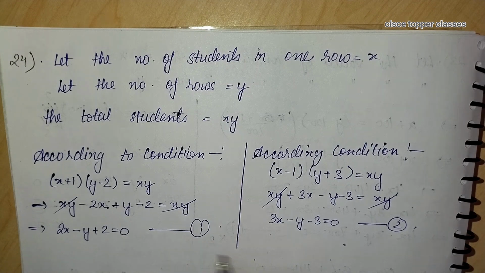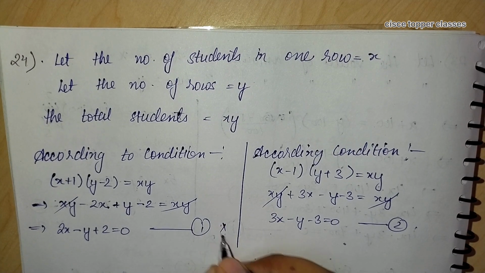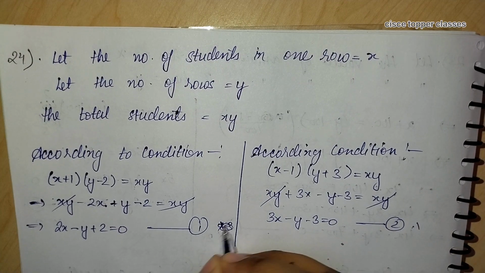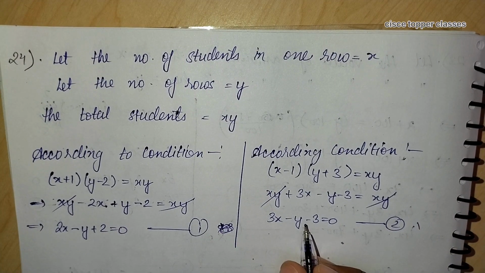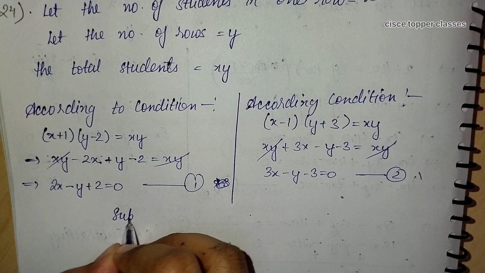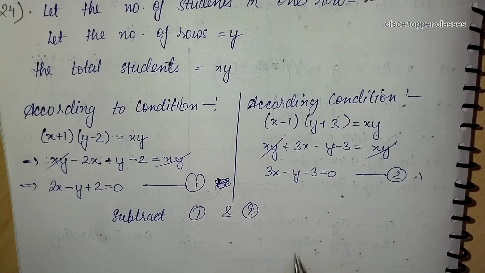Now, on solving these two equations, we will not multiply by anything because y will be cancelling out on subtracting the first and second equation. So let us subtract the first and second equation.